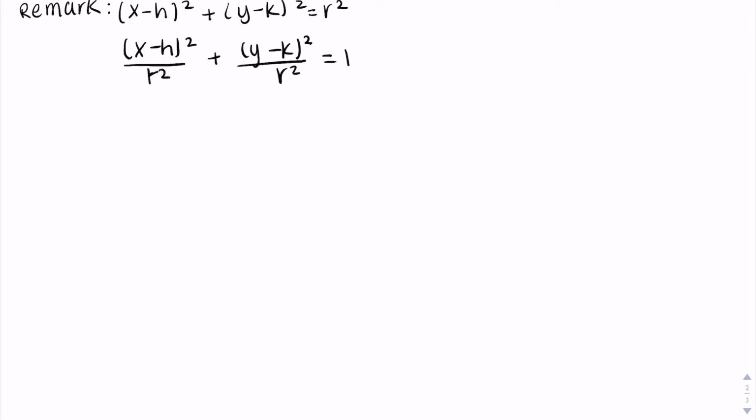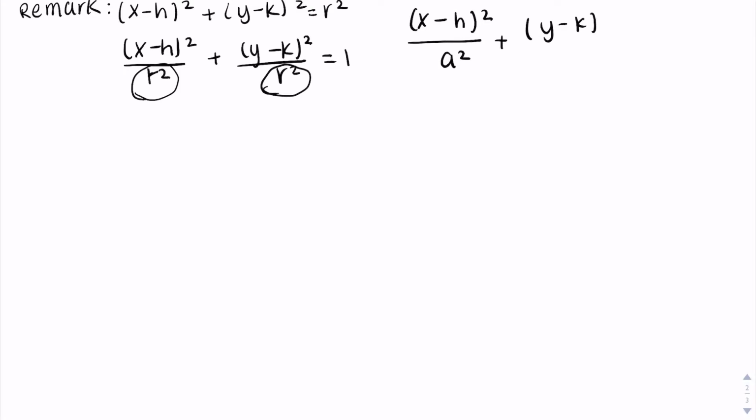So when the denominator is different, it will make something like this. For example, if you have (x − h)²/a² + (y − k)²/b² = 1, it will actually make an ellipse. How?